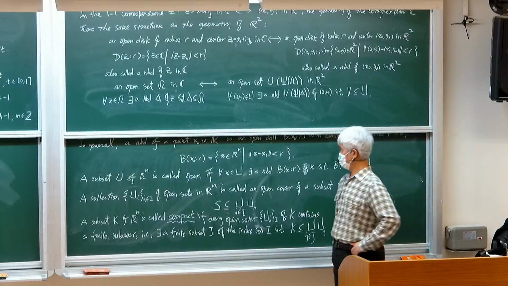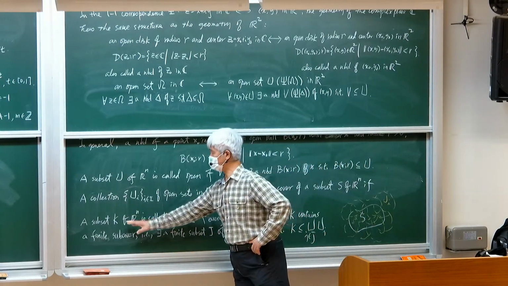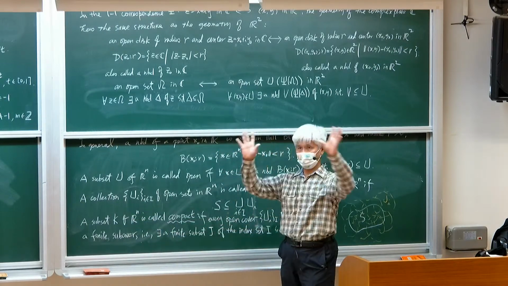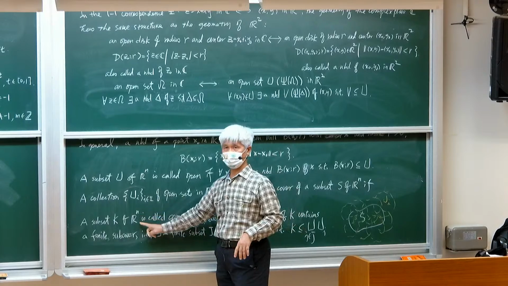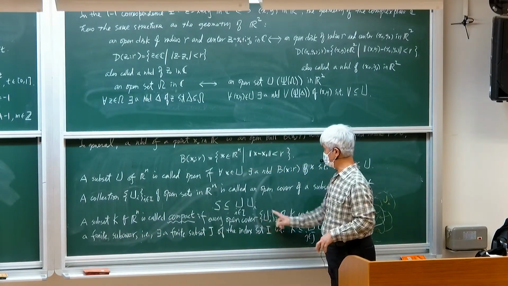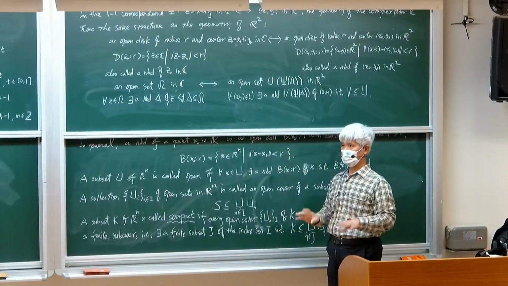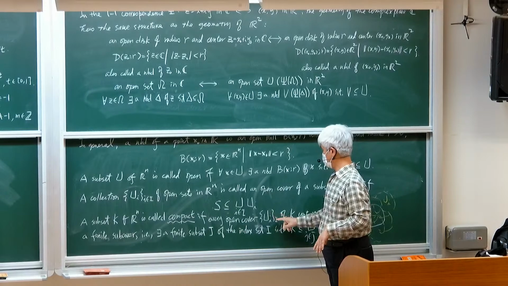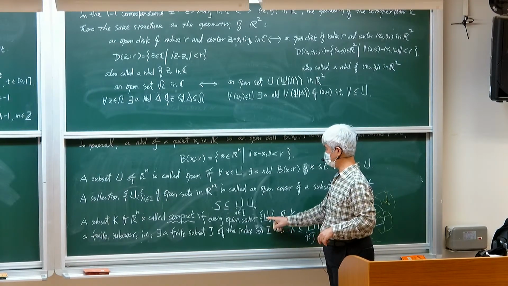So that means a subset K is called compact in the n-dimensional Euclidean space if for any open cover, and this open cover may be infinite, we can find a finite subcover.